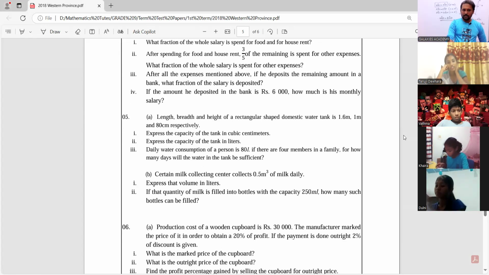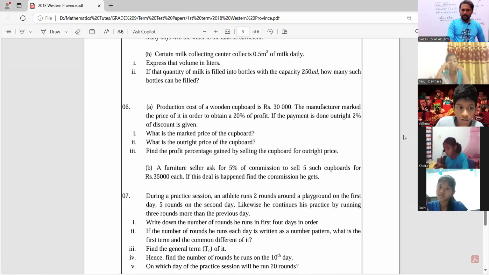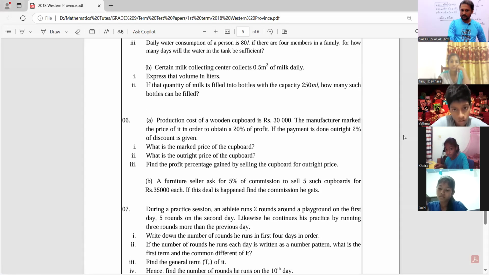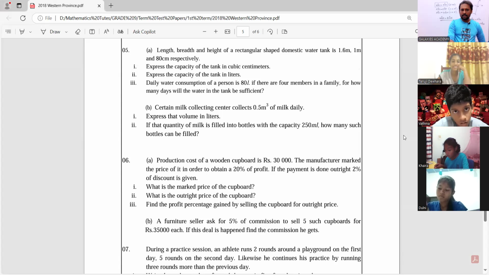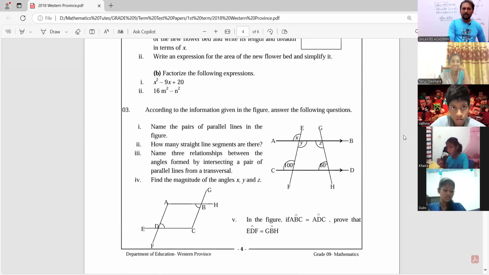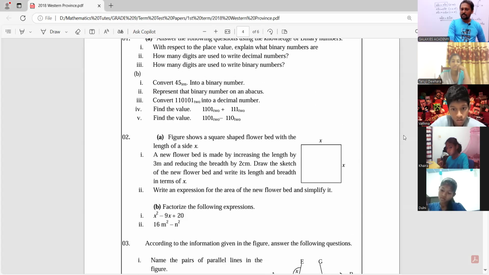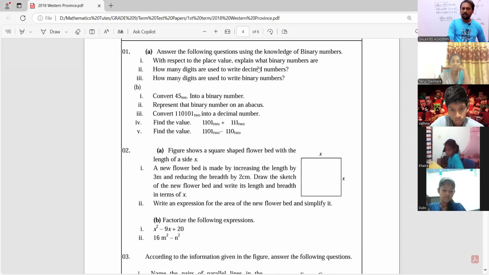Fifth question also we discussed. Also the sixth one, percentages lesson. So we don't need to discuss those three again. Next day we have to discuss the remaining two questions, 1 and 2.